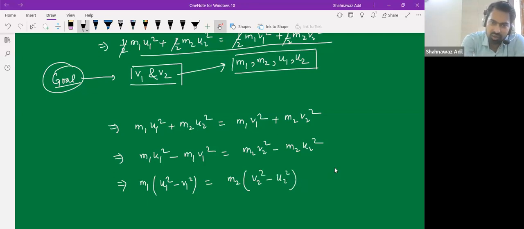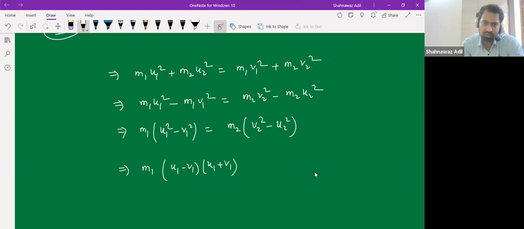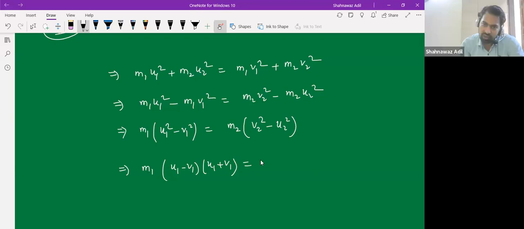So then what you will have is m1 times u1 minus v1 and u1 plus v1, right? And then you will have v2 plus u2 and v2 minus u2, right?